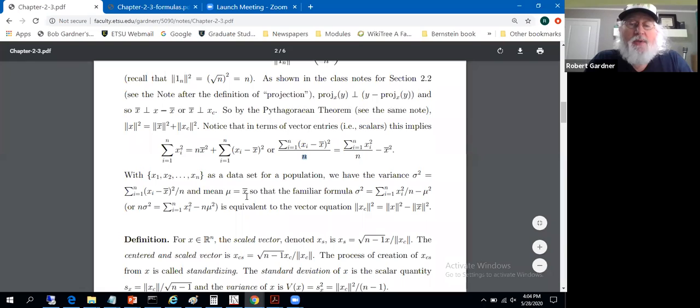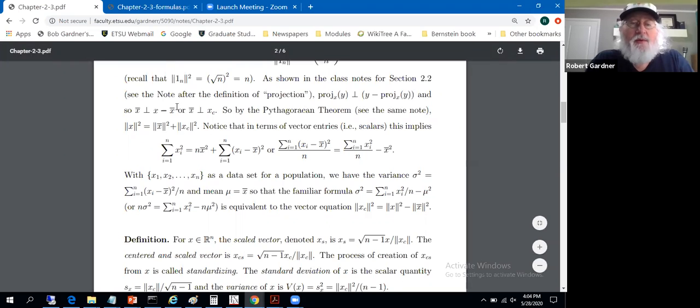X bar and mu are the same when we sample. Well, we don't sample when we have the entire population of data. So we can rewrite this as the population variance, sigma squared. This, well, I don't have a particular name for it, the sum of data points squared divided by n. And over here, we get the parameter mu.